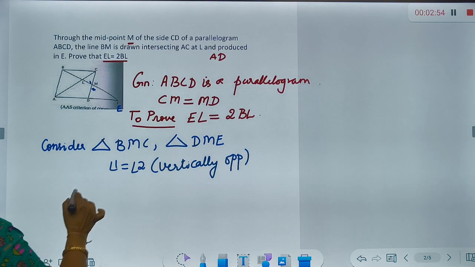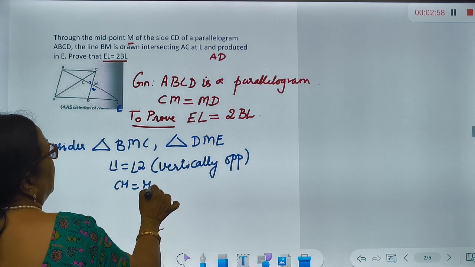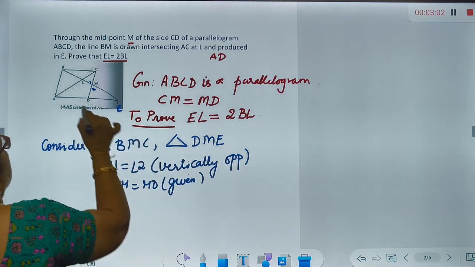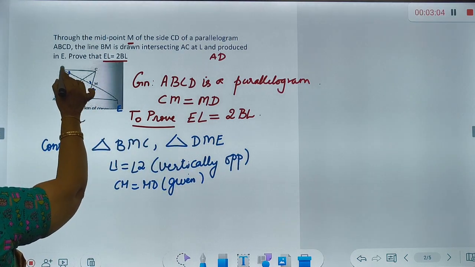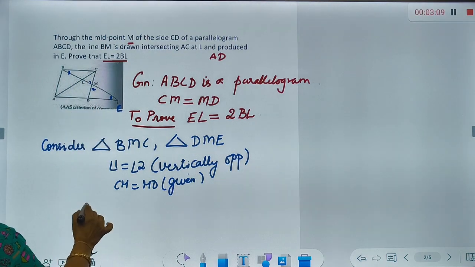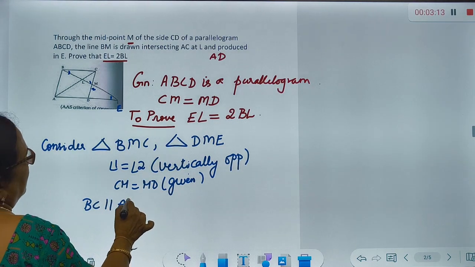And then you are also given CM equal to MD. Also, this angle will be equal to this angle because BC is parallel to AE.